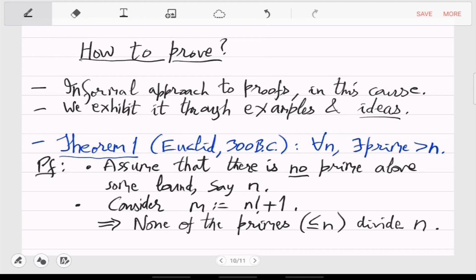In fact, you also know the remainder. If you divide m by any of the known primes, the remainder is 1. So then clearly there is no division possible.